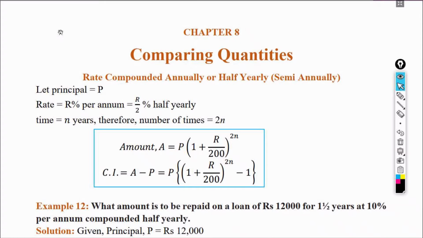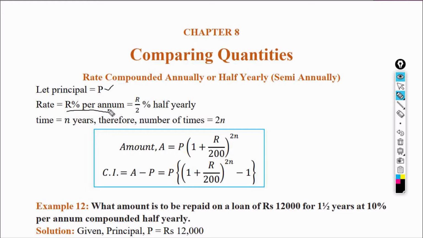Now, students, rate compounded annually or half yearly. Half yearly means semi-annually. When we take the principal as P and the rate of interest R% per annum, and we want to take that rate for half yearly, that means we have to calculate twice in a year.